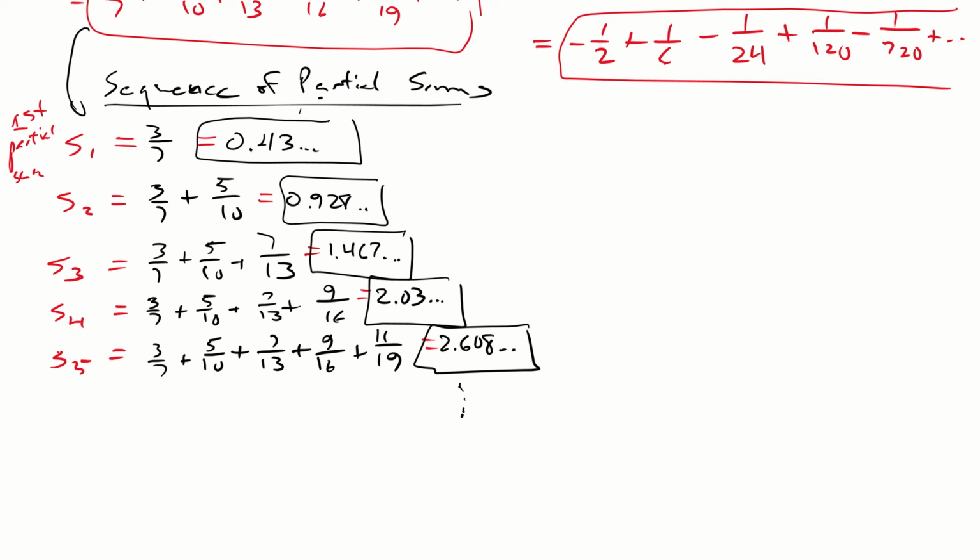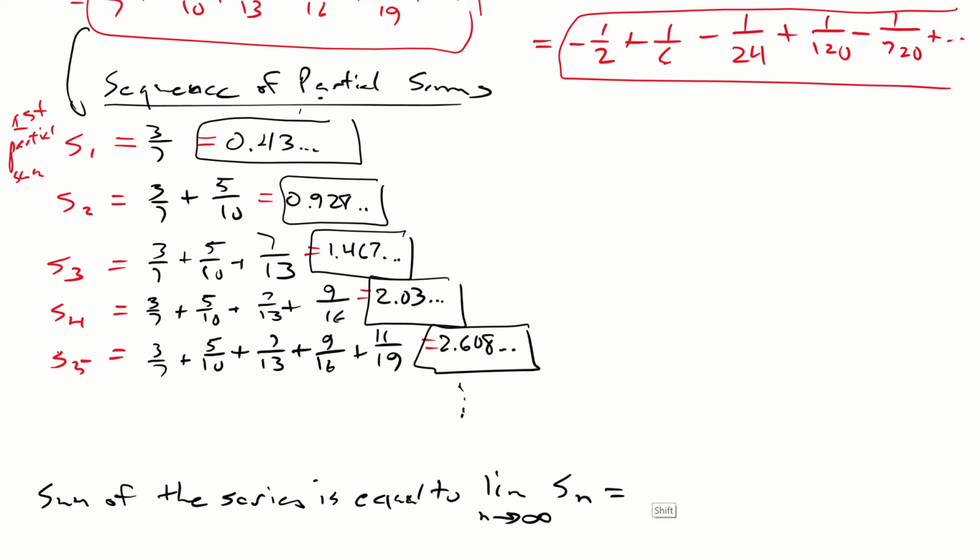And that's an important part. The sum of the series, if you could do it at infinity, is equal to the limit, as n goes to infinity, of the sequence of partial sums, if it exists.